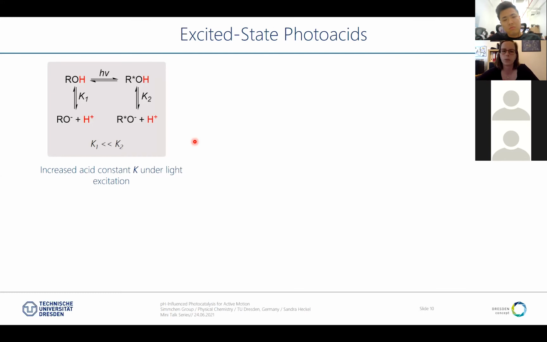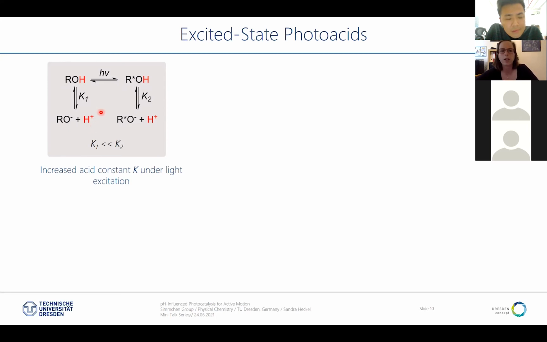Maybe you have heard about this kind of chromophore. It's just an organic fluorescent molecule that has an acidic proton. So basically the general formula could be ROH. Then of course this molecule can dissociate with an acid constant K1, create an anion and a proton.